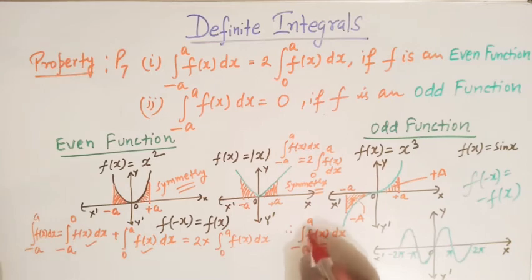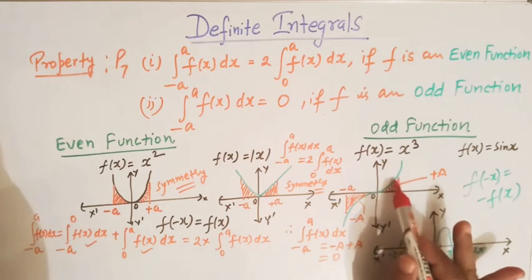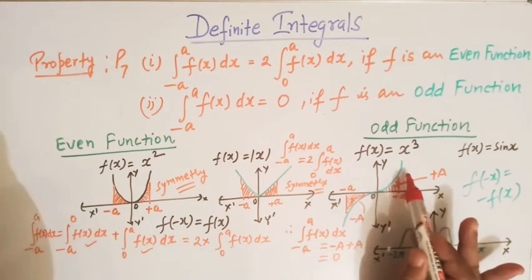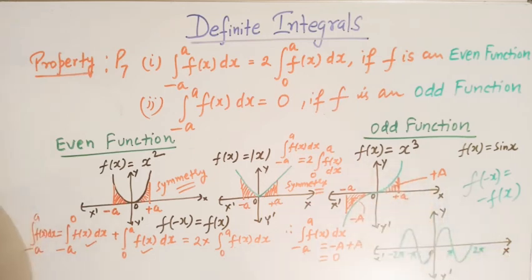So from minus a to a, f of x dx is minus a plus a, and that is equal to 0, right? And this is due to the fact that this curve is symmetrical about the origin. Okay?